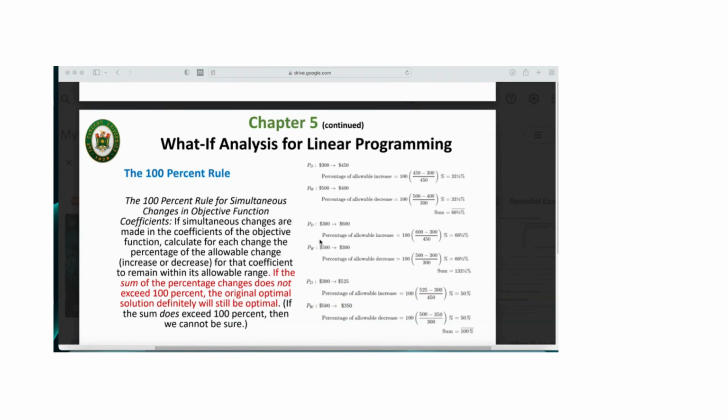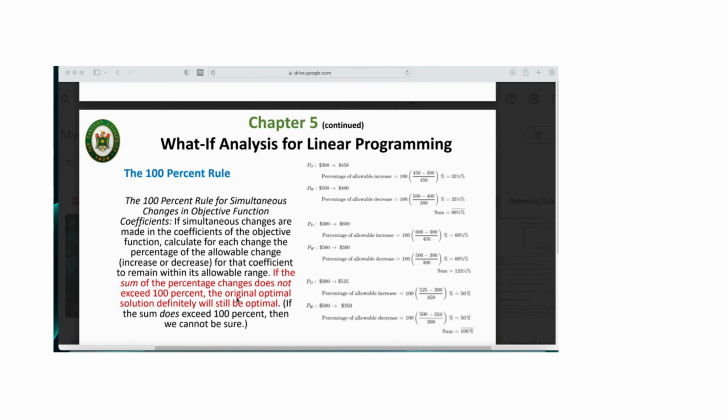So how do we evaluate the 66%? The question is, will the solution still be optimal? This is the rule: if the percentage changes do not exceed 100%, the original optimal solution definitely will still be optimal.